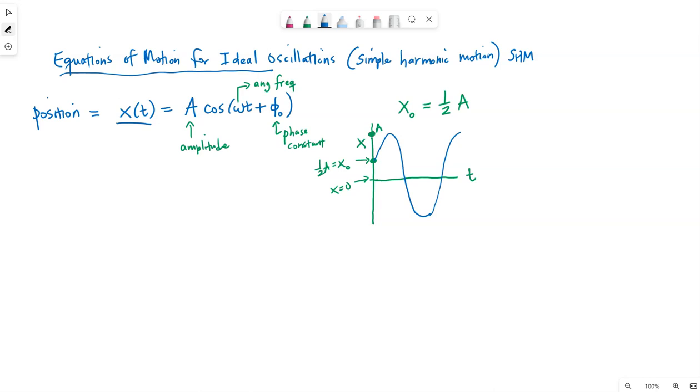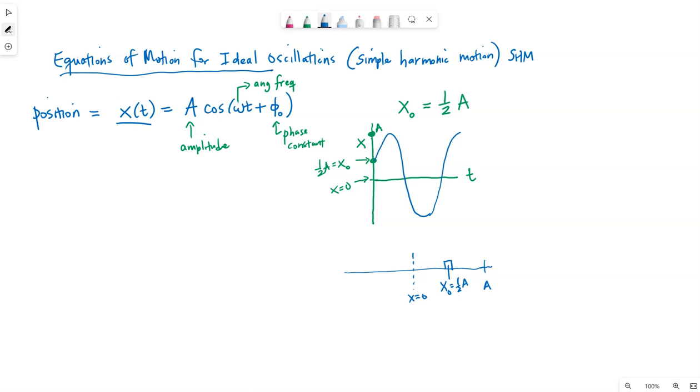So for example, since we have this labeled in terms of x, let's say we had a mass spring system that was moving horizontally, and this was equilibrium. We're saying that at this initial moment in time, here's our amplitude, and x naught is half the amplitude.